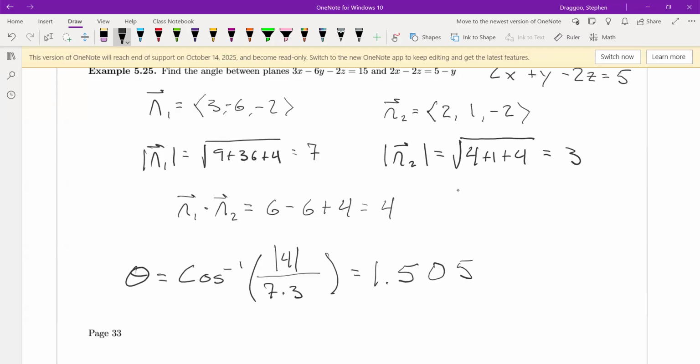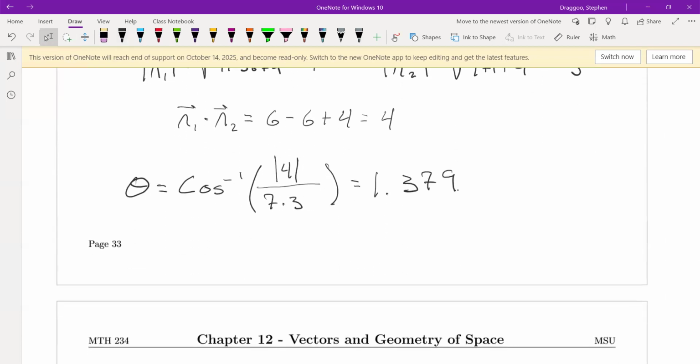What you got? 1.379. Not that close at all. 1.379. Anybody else get that same number? Excellent. 1.379. Cool.